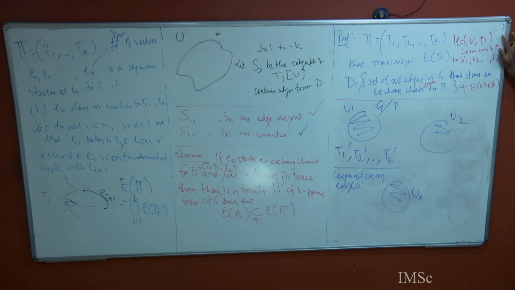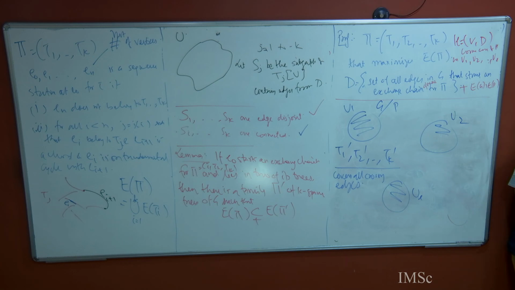Look at D, how we constructed H(V, D). D contained all the edges from outside. Now look at the connected components. Where are the edges that are not in the spanning tree? After I have contracted, do they exist?